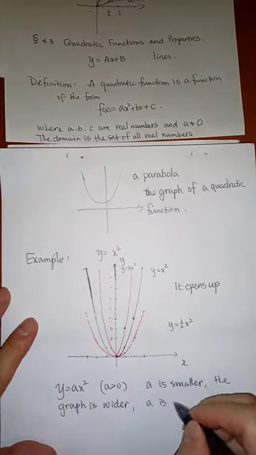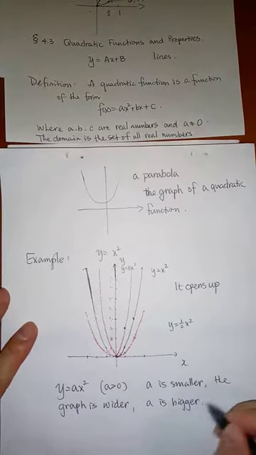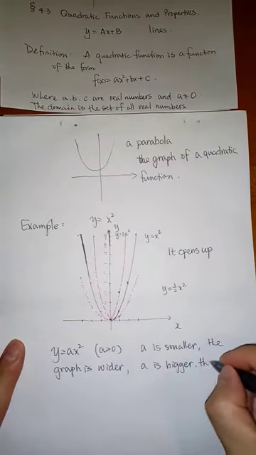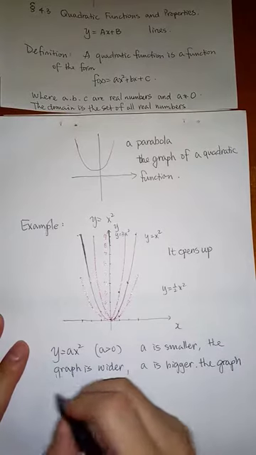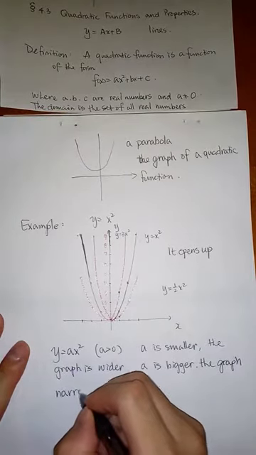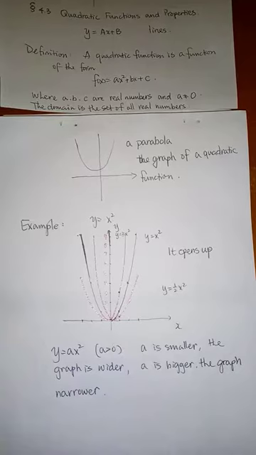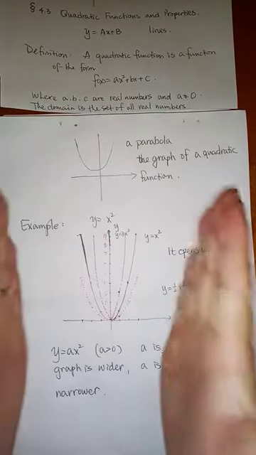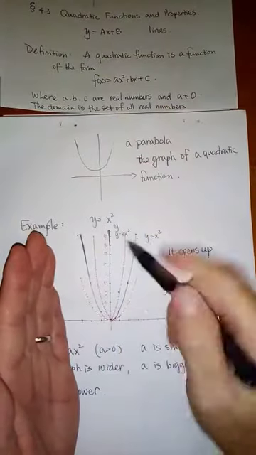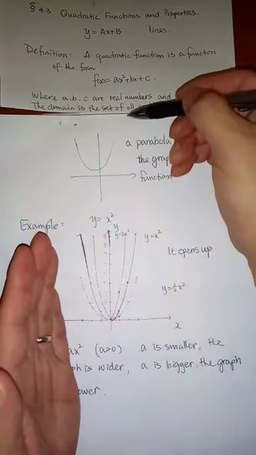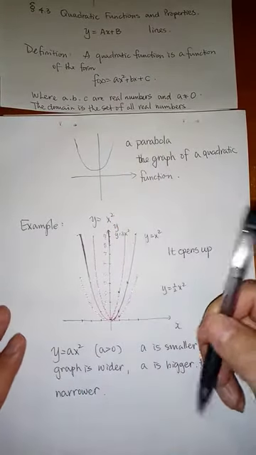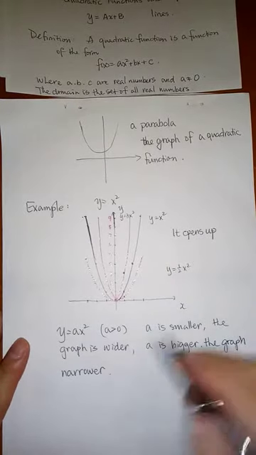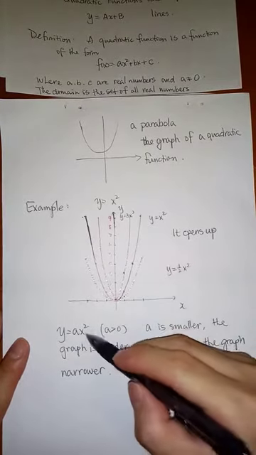If a is bigger, the graph is narrow. Okay, so that's the idea. If you have y equal to 10x squared, possibly it looks like a straight line, straight up, much more steep. Okay, so that's for the positive coefficient times x squared.